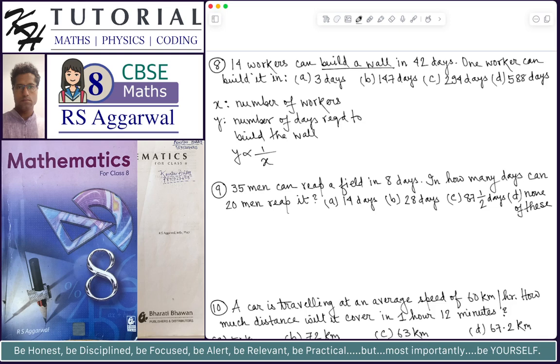And if the number of workers is less, it will take more time, more number of days.